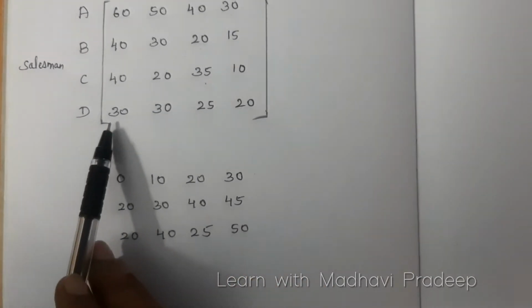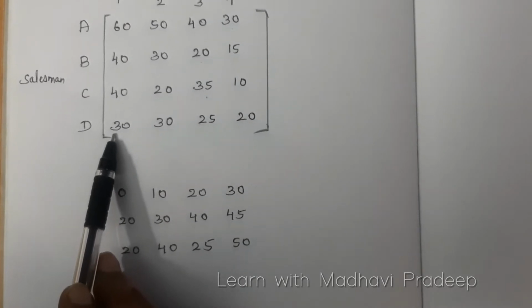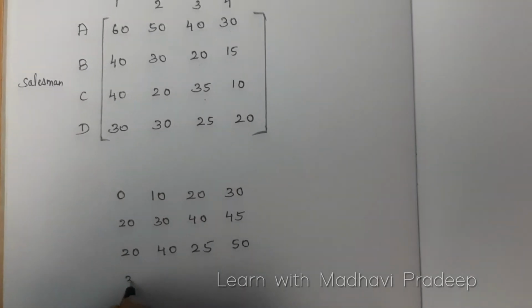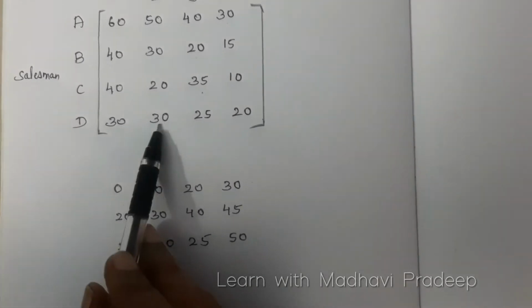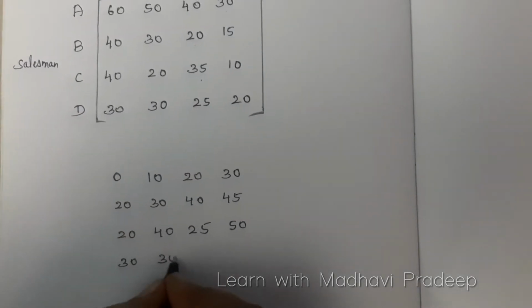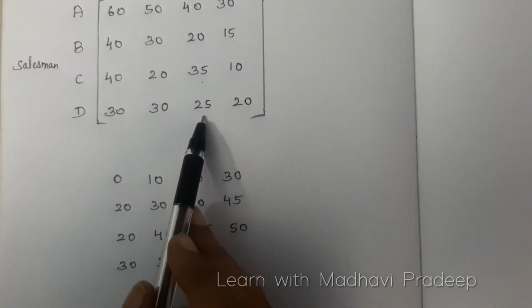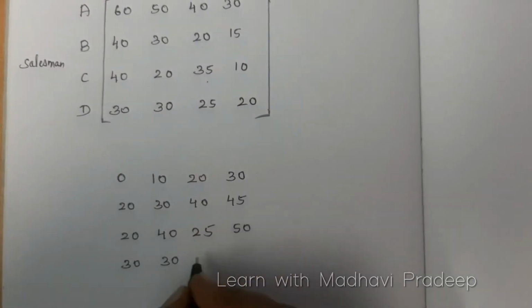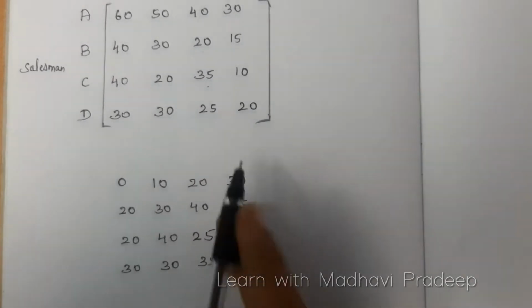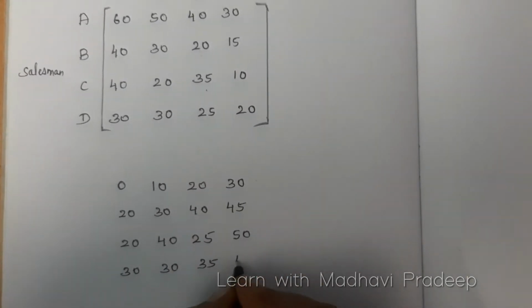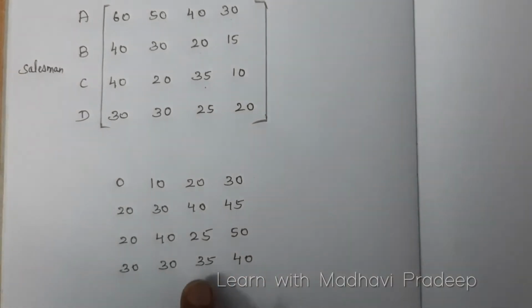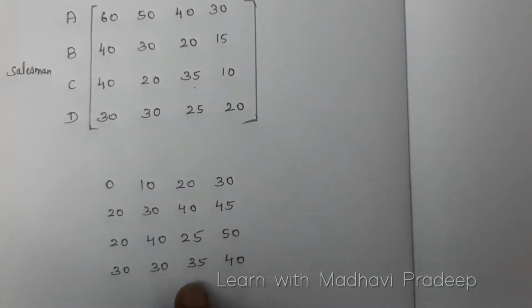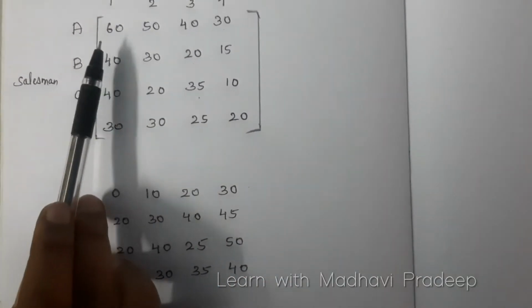And last row, again subtract from 60, that is 60 minus 30, 30. 60 minus 30, 30. 60 minus 25, 35. Next 60 minus 20, 40. So now this is the new matrix we have got after subtracting from 60, the highest cost.